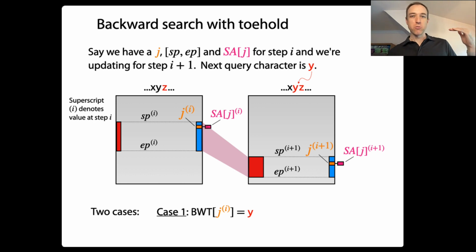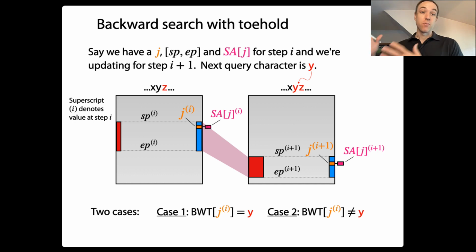Case 1 is where the row that we were tracking, the row for which we had the toehold, survives to the next step. Case 2 is where the row that we were tracking did not survive, and so we need to somehow scramble onto another row and get a new sample in the new iteration.